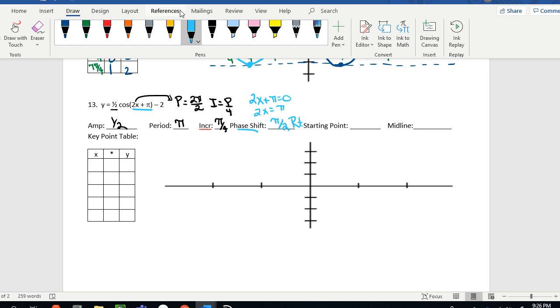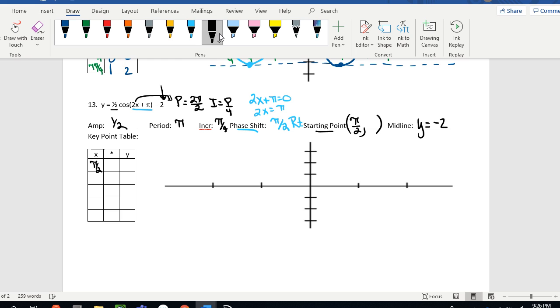Back to my black pen. My starting point is going to be pi over 2, comma, something, don't know yet. Y equals negative 2 because it's coming from this point right here.